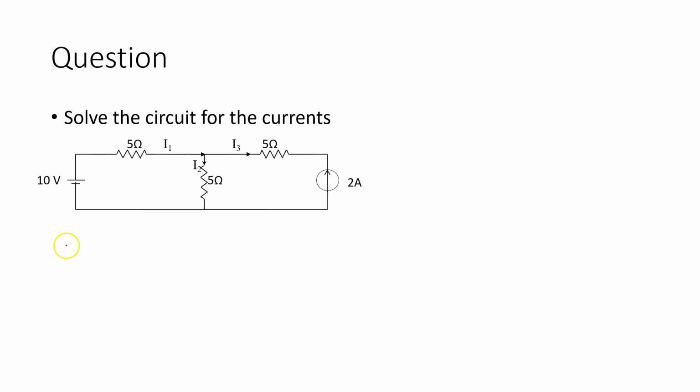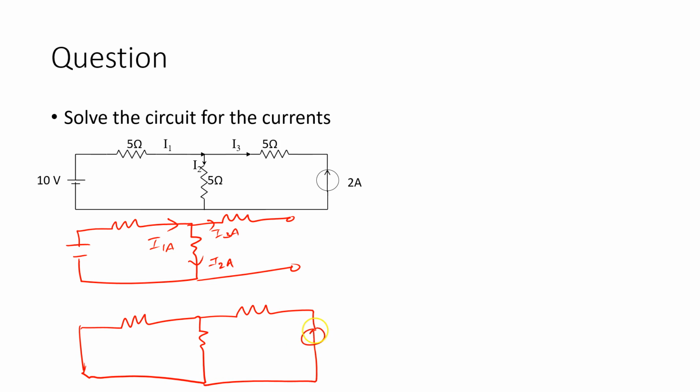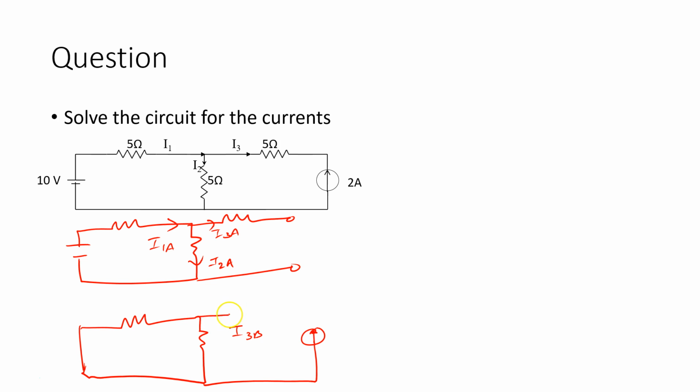The first circuit, circuit A, was this: I1A, I2A, I3A, and then the second circuit, and here we have I3B in the opposite direction, I3B, I2B, I1B.